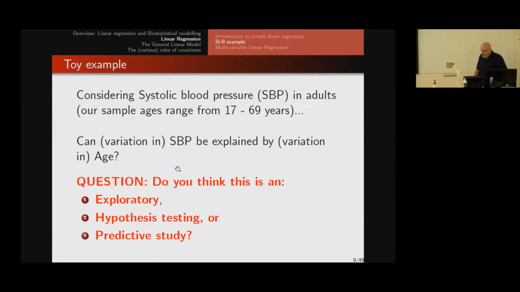Now, I should also point out one of the differences between something like linear regression and correlation analysis is that we have to have a very strong scientific basis to believe that our X, age, is a cause of Y, not just that they're related to each other, okay? We need scientific reasoning for this supposition. We can't just do it and see what sticks.